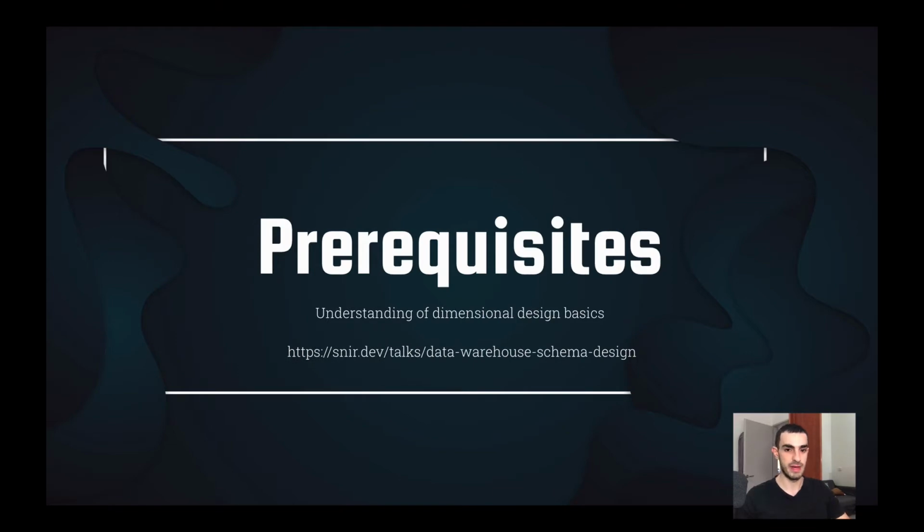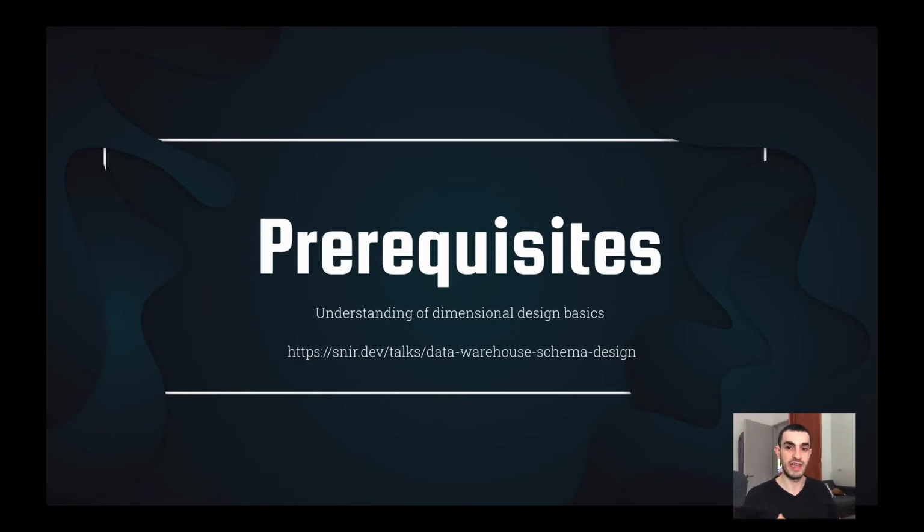So let's start off by first mentioning a prerequisite. This talk assumes you already understand what a dimensional modeling design is, what is the star schema, what is a dimension, what is a fact, all these kinds of things.